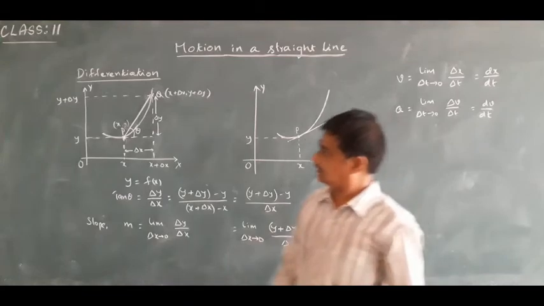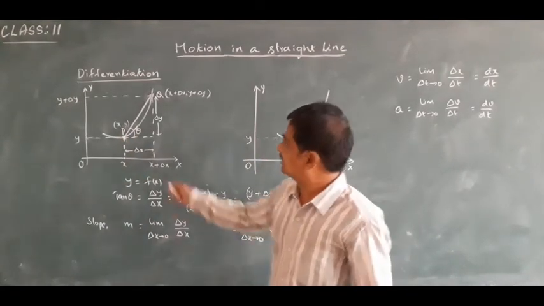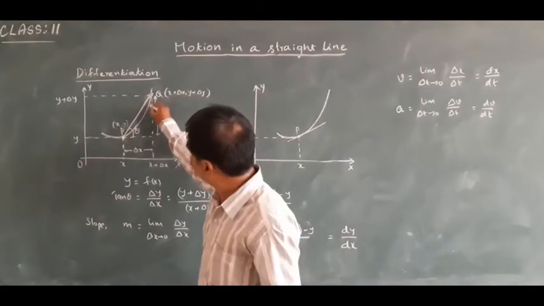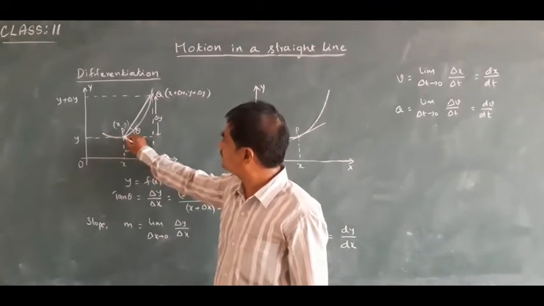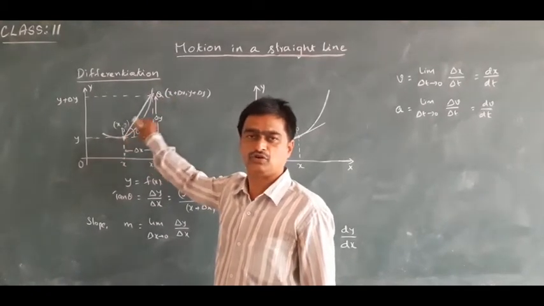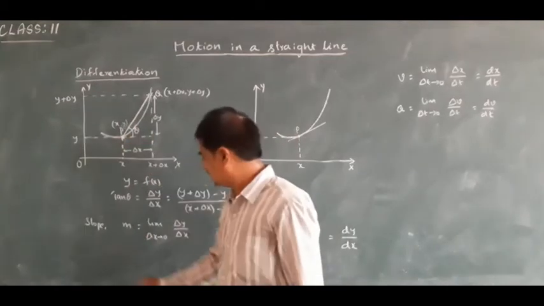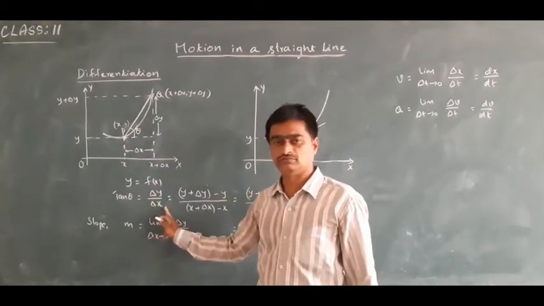But we have to concentrate at P. If we move Q towards P, we get the exact value when Q coincides with P. Then our delta x becomes 0.